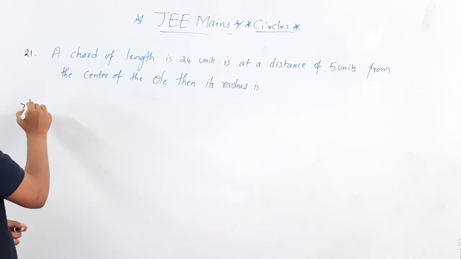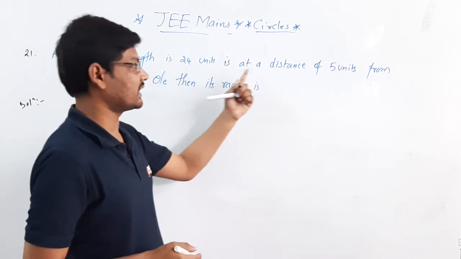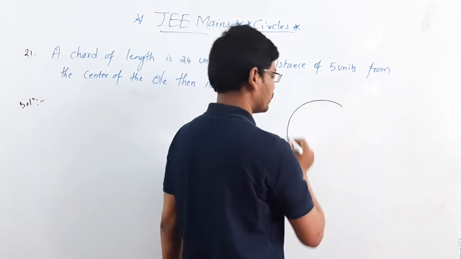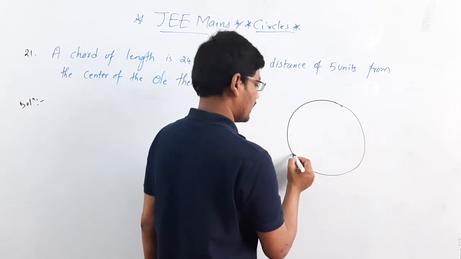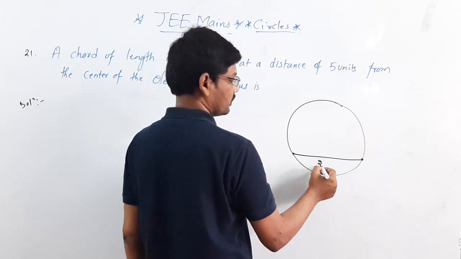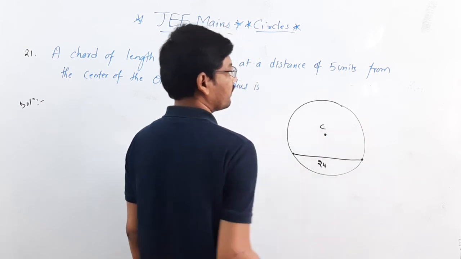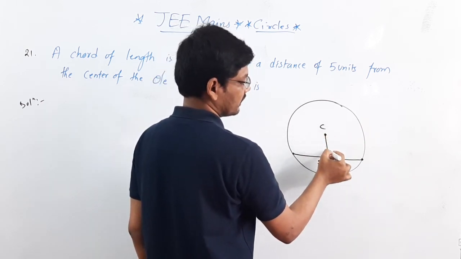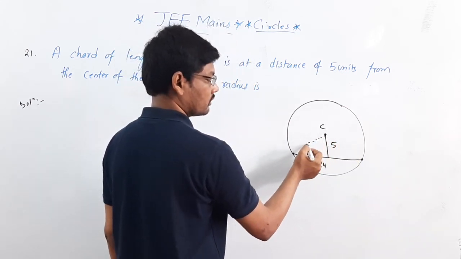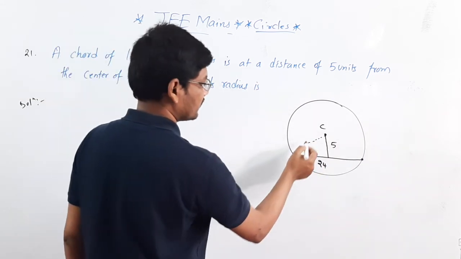So the solution: first understand the question. A chord of length 24 units is at a distance of 5 units from the center. So for the diagram, I am drawing a chord here. This is a chord of length 24 units and the circle has its center here. From the center to the chord the distance is 5 units. So if you make a triangle we can find the radius here. This is r.